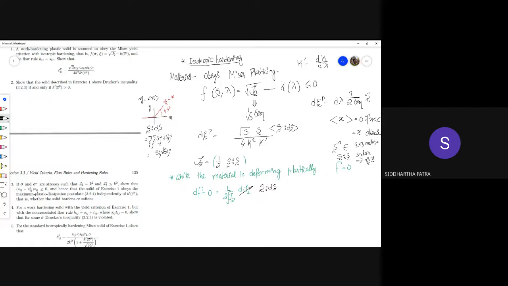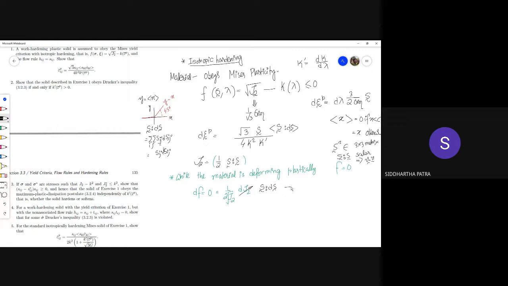When you take a dot product, you put a single dot, because you are taking the inner product of first order tensors. Matrices are second order tensors, with rows and columns, while vectors have only rows. So when you take the inner product of second order tensors, you put a couple of dots to represent it. Now if I take the derivative, it is going to be S inner product dS.